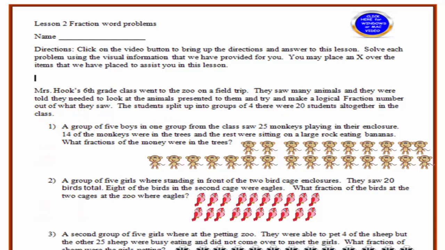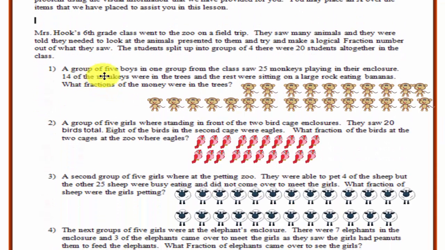Now, problem number 1. You'll notice it says a group of 5 boys in one group from the class saw 25 monkeys, and we listed 25 monkeys for you playing in their enclosure. 14 of the monkeys were in the trees. The rest of the monkeys were sitting on a rock eating bananas.